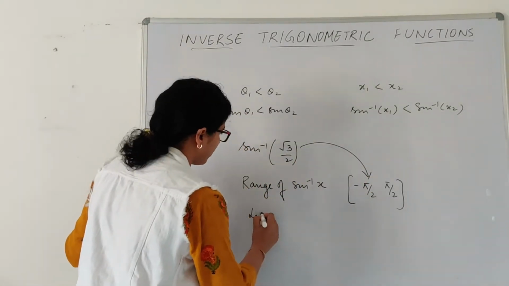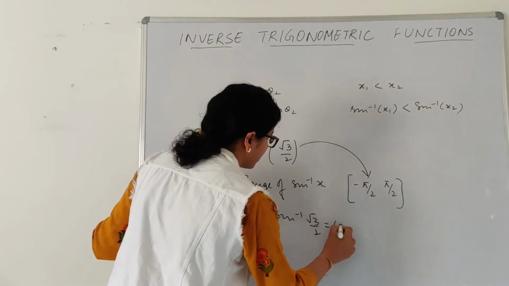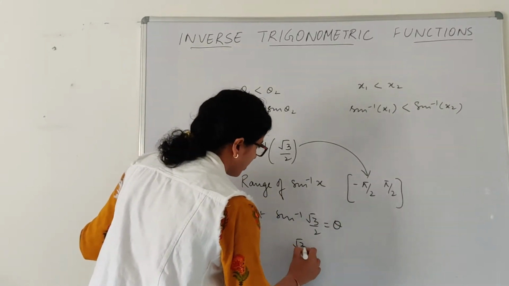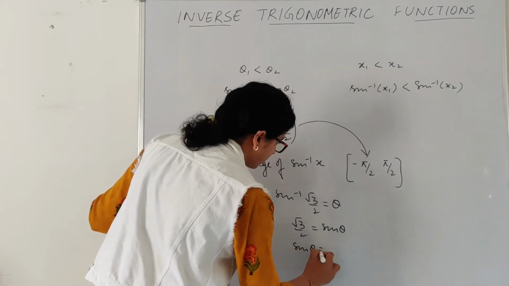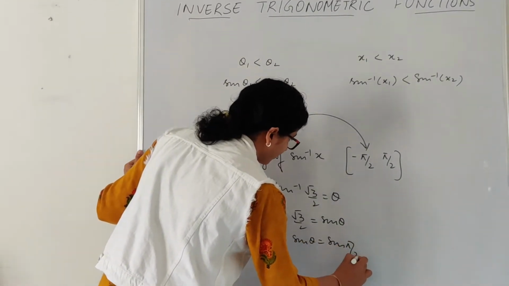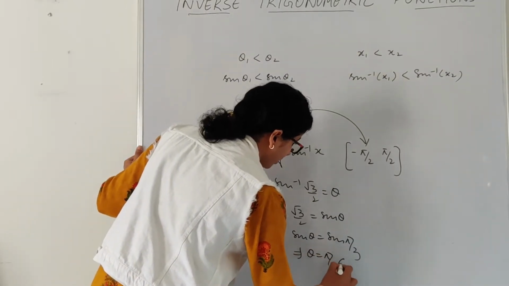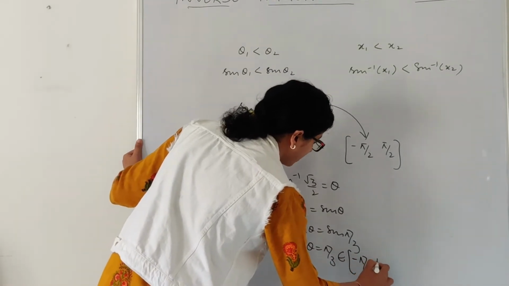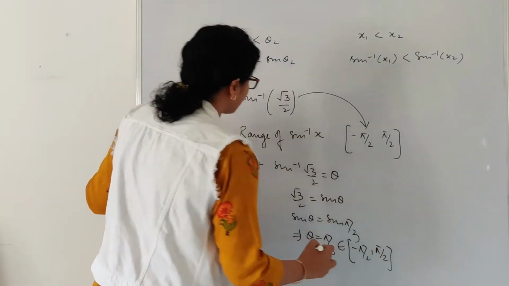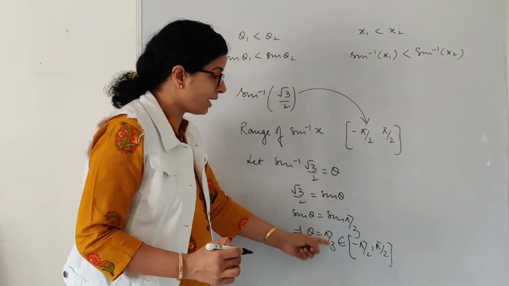So let sin inverse √3/2 be equal to θ. Okay, so √3/2 is equal to sin θ. So sin θ is equal to sin π/3. This implies θ is equal to π/3. π/3 belongs to the closed interval −π/2, π/2. Hence the value of sin inverse √3/2 is π/3.